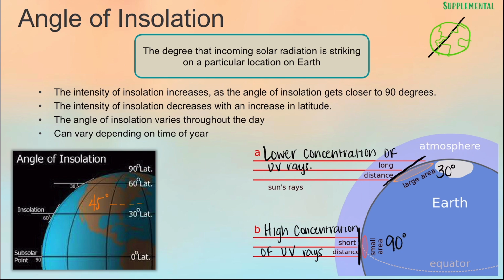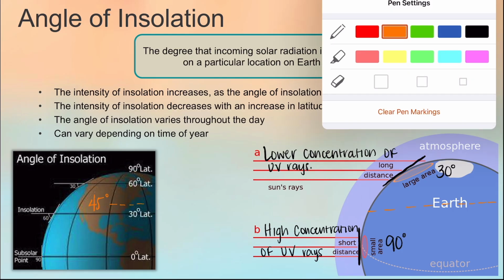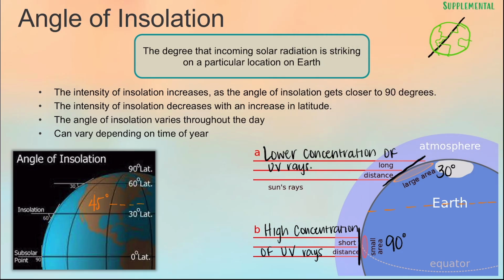So what that would mean is if we were, let's say we are right about here. Obviously, this is not to scale. This is also probably not a very accurate placement of where Virginia would actually be. But what we are going to see when we look at our solar radiation that is coming in from the sun, we're going to see that we are still spread over a pretty decent amount of area.